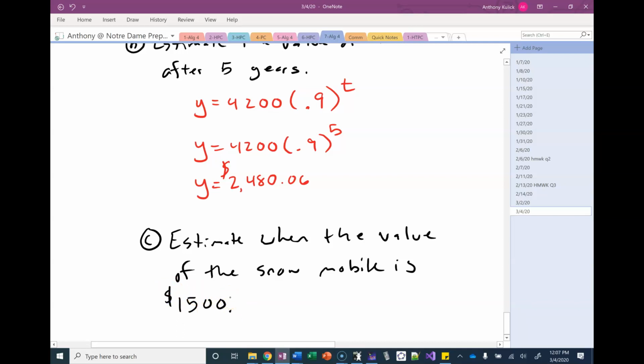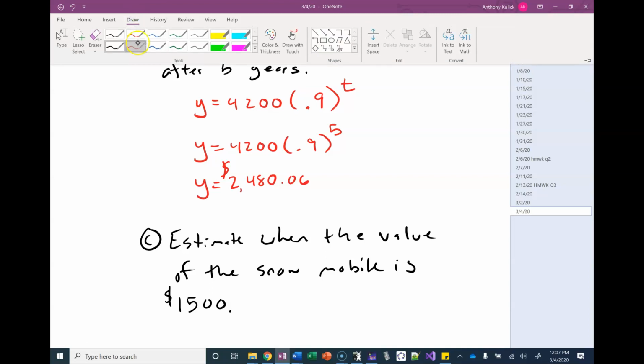The next question says, estimate when the value of the snowmobile is 1,500.